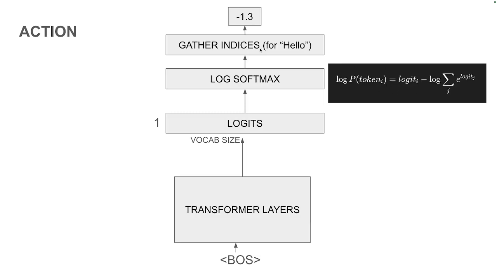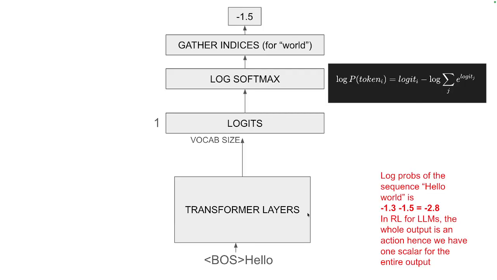And then we gather the index for "hello" from our vocabulary, and we find how much likelihood, how much probability our model assigned. Here I'm showing the raw logits, but you will get how much probability the model assigned to one of the completions.